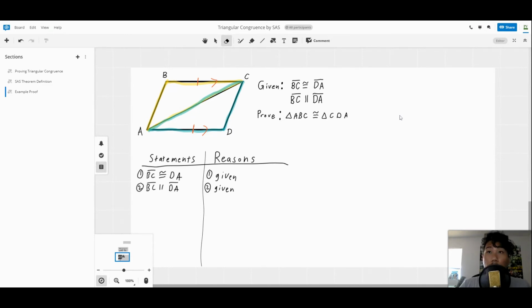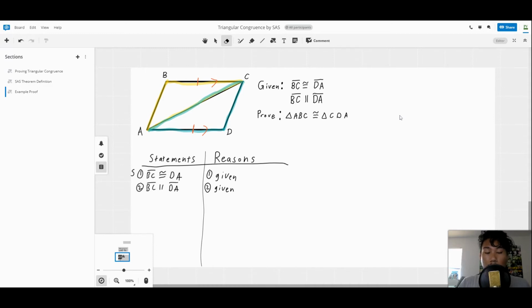Now, in order for the SAS congruence theorem to work, we need three things, right? Two pairs of congruent sides and the included angle of the sides to be congruent for both triangles, right? So with our first given statement, we have our first pair of congruent sides. So we can mark that with an S. Now, all we're missing is the included angle and another set of congruent sides.